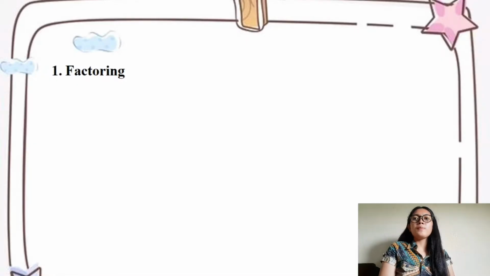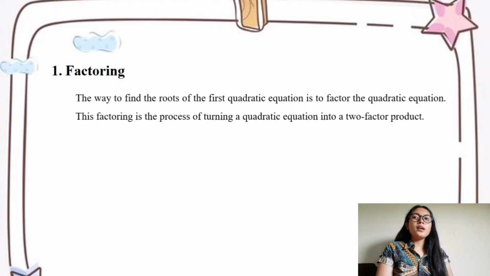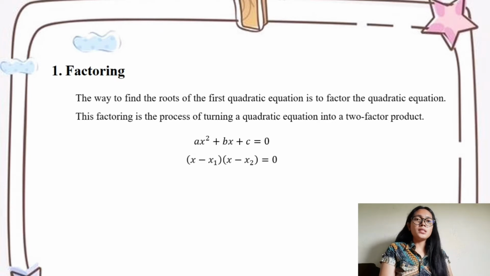Next one is factoring. The first way to find the roots of a quadratic equation is to factor the quadratic equation. This factoring is the process of turning a quadratic equation into a two-factor product. ax squared plus bx plus c equals 0 becomes quantity x minus x1 times quantity x minus x2 equals 0.